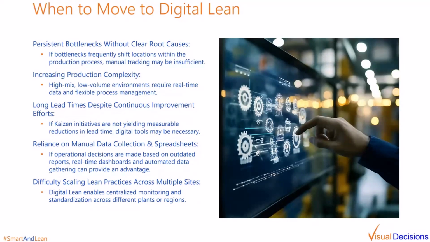Some of the key signs include persistent bottlenecks without a clear root cause. One of the first warning signs that traditional lean is insufficient is when bottlenecks continue to shift or remain unresolved despite ongoing improvement efforts. The second is increasing production complexity that overwhelms traditional lean methods.